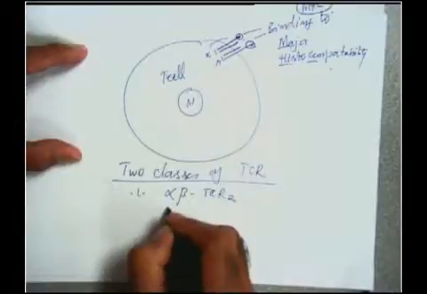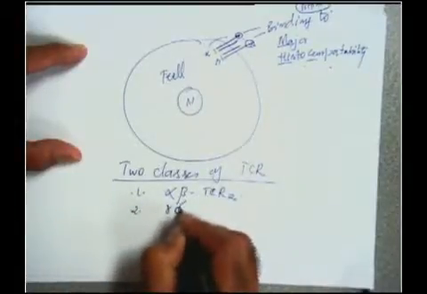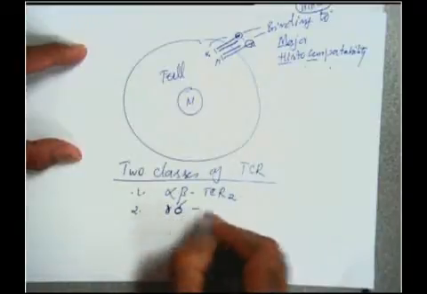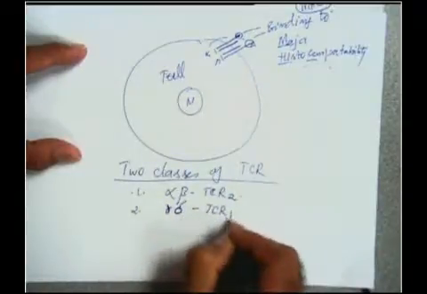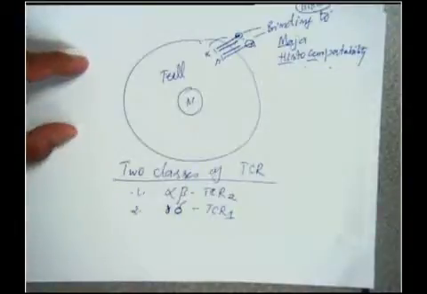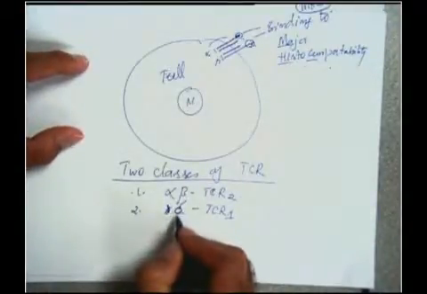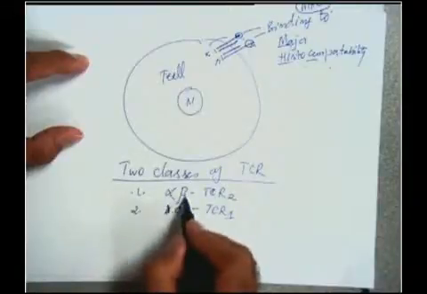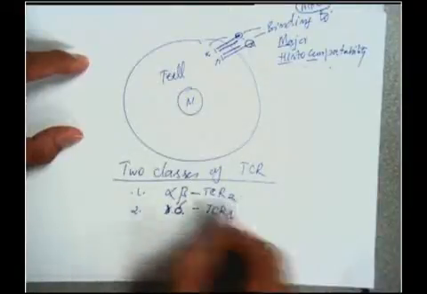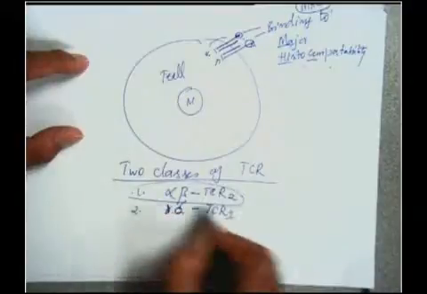The second one is the gamma and delta TCR, TCR1. So TCR1 is composed of gamma and delta, and alpha and beta is TCR2. So there are two classes of TCR.